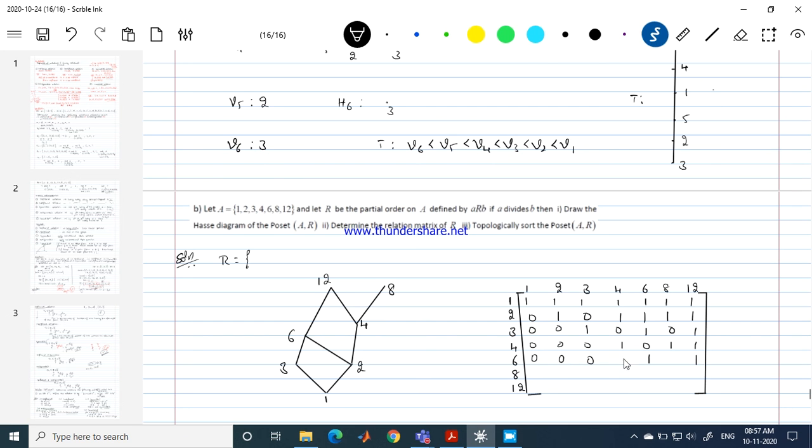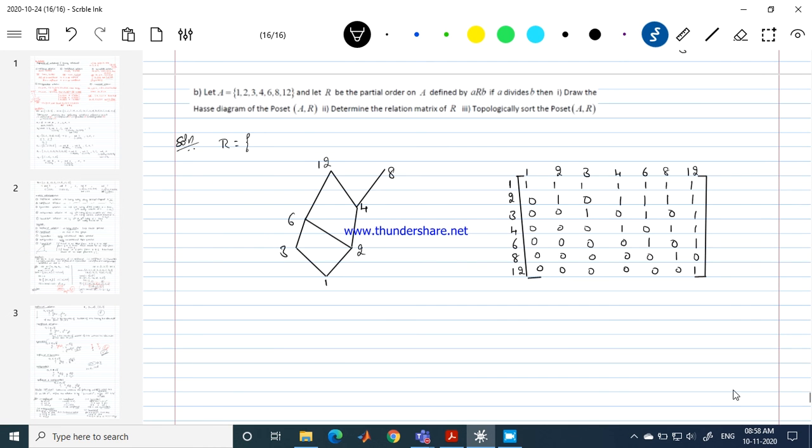The remaining entries have to be zeros. Now starting with 8. So 8 divides 8 is the only entry present in it. The remaining entries are zeros. And with 12, so 12 divides itself is the only possible entry. So this is the matrix for this.